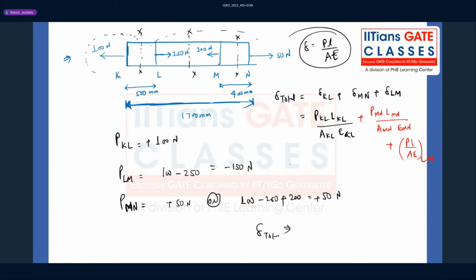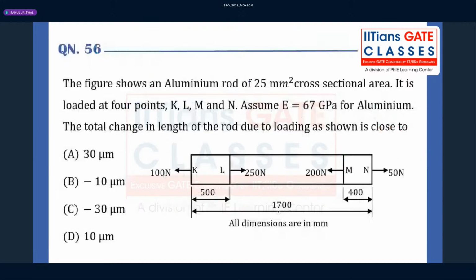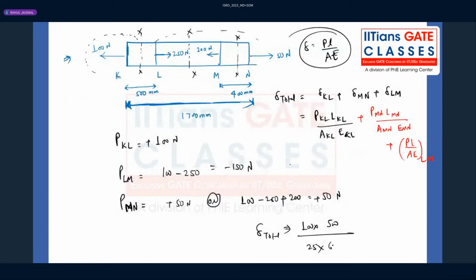Delta total will be P KL, which is 100, length for KL is 500. The area for all the sections is given clearly in the problem, 25 mm square. The Young's modulus of elasticity is 67 gigapascal, so 67 into 1000 megapascal.